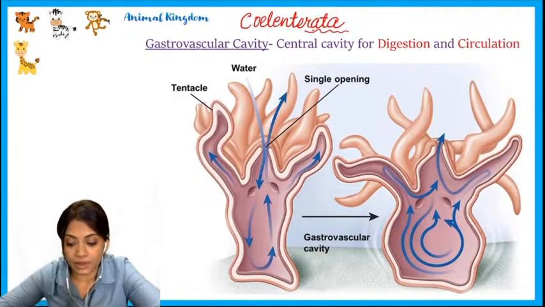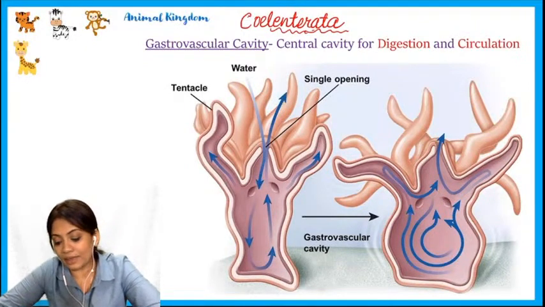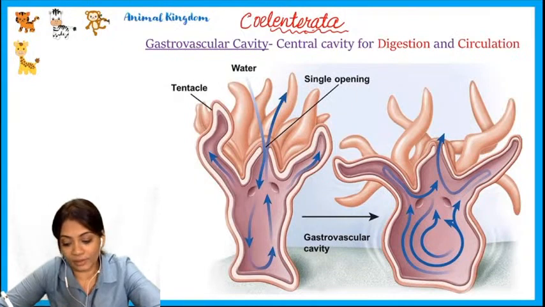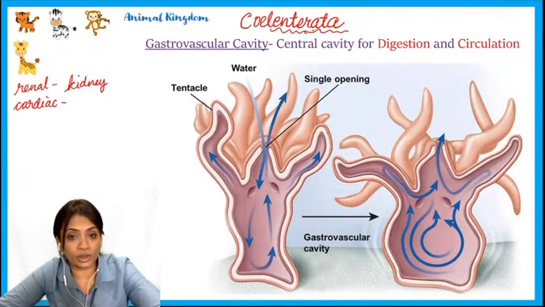Okay, and when you talk about enter, okay, basically let me give you a couple of words in front of you. If I am saying renal, okay, renal means which body part? Means kidney. Okay, if I put the word in front of you, cardiac, then which body part am I talking about? Am I talking about the heart?